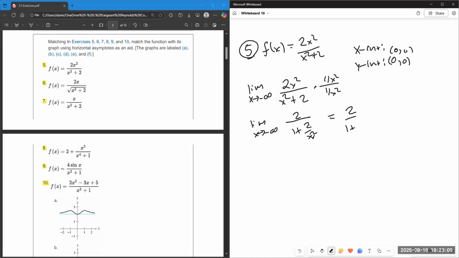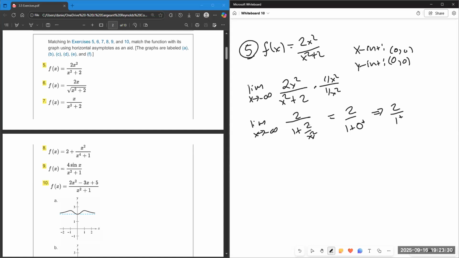So that's 2 over a really big number, but it's positive. So this is going to be getting close to 0, but it's a little bit positive. And so that gives me that this is approaching 2 over 1 from the right.